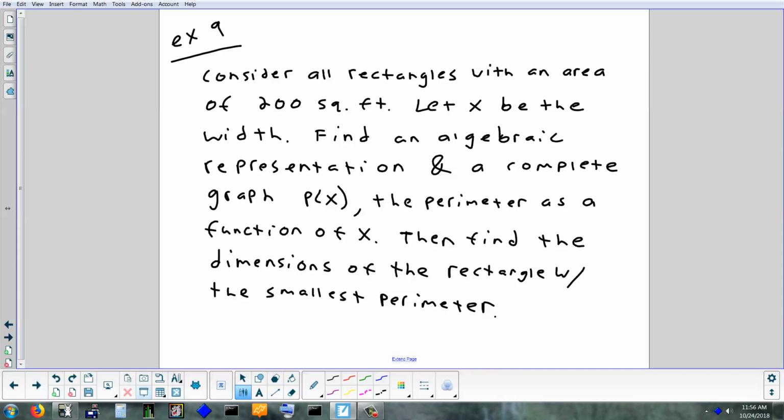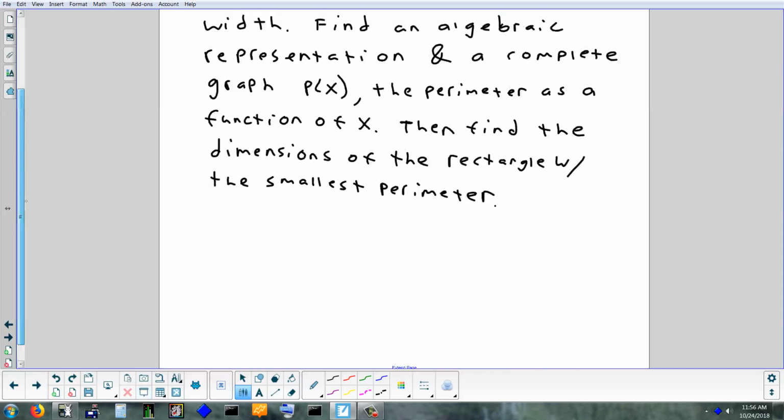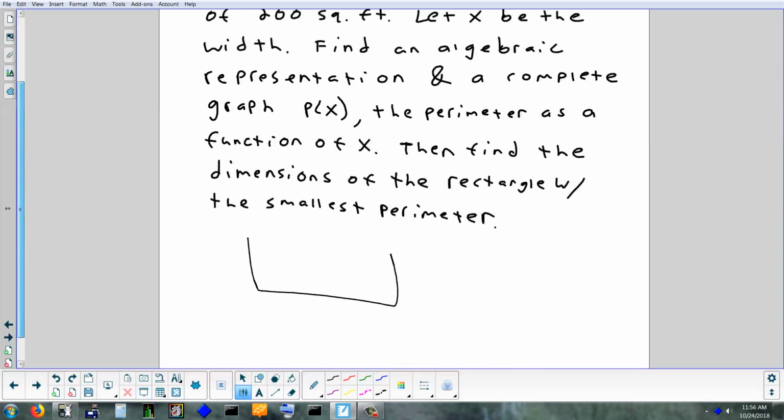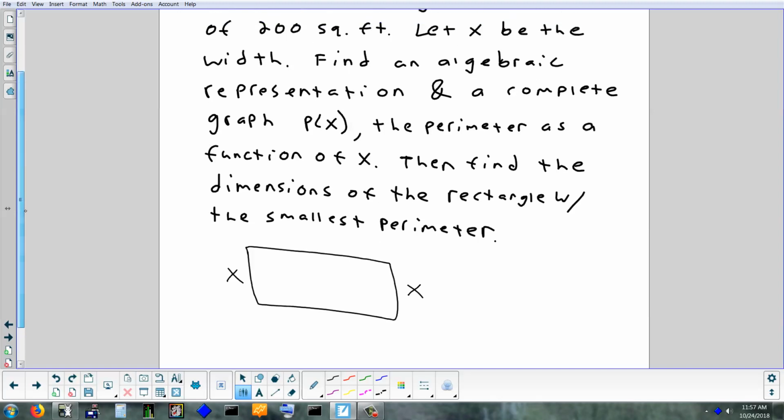So here I think making a picture is definitely helpful. So we've got a rectangle. And they said that I can label, what am I going to label here? They've given me something to put. The width. What did they tell me to make it? X. So let's make it X. Now, I know something else about the rectangle.